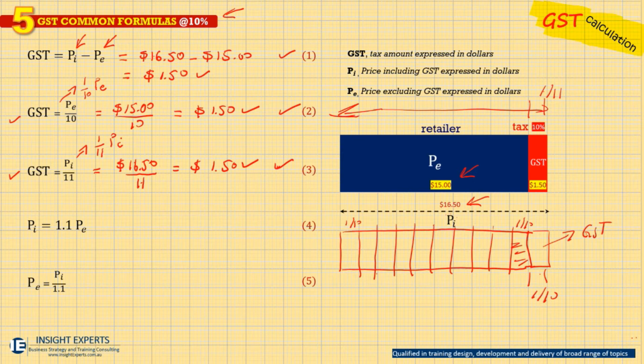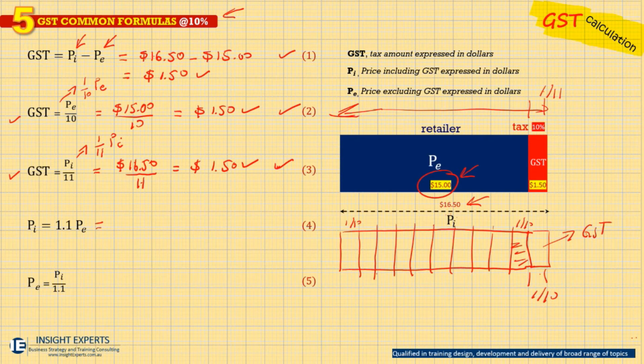Now let's move on to equation number 4. Equations 4 and 5 basically describe the relationship between the price before and after tax. In order to calculate the price including GST, you just have to take PE, the $15 or any amount, and multiply it by 1.1.